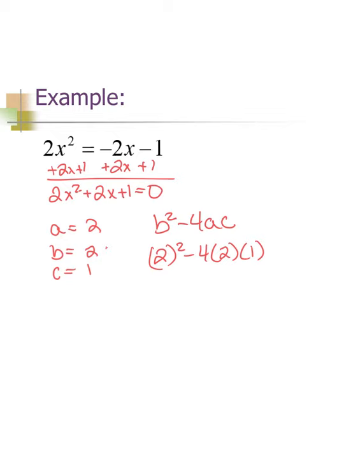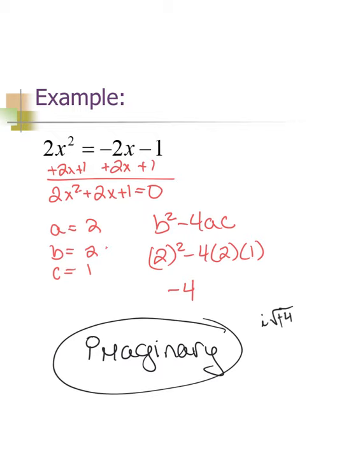If you want to, you can type this in the calculator. 2 squared is 4 minus 8 is negative 4. That's your discriminant. Now in my head, I'm going to say, what's the square root of negative 4? That tells me there's an I. So that means that the nature of the roots is imaginary.